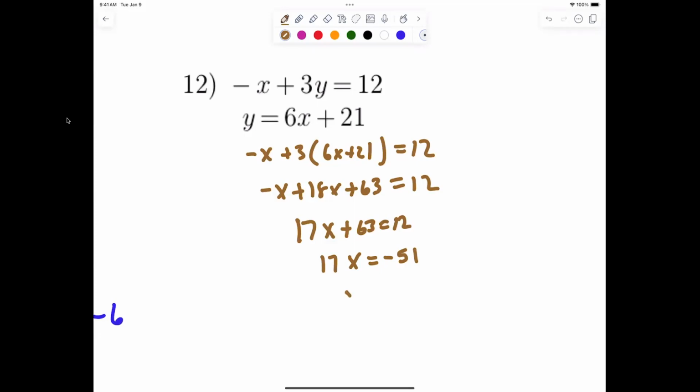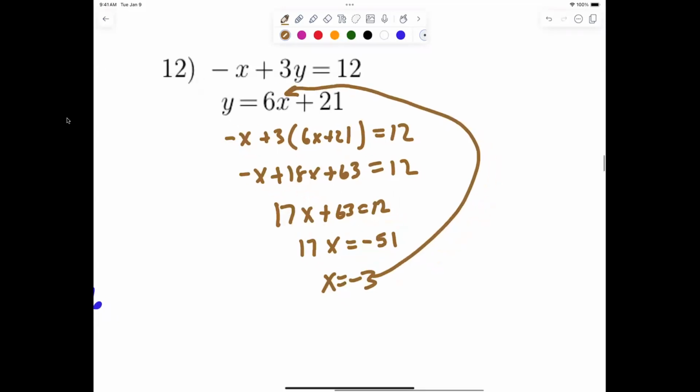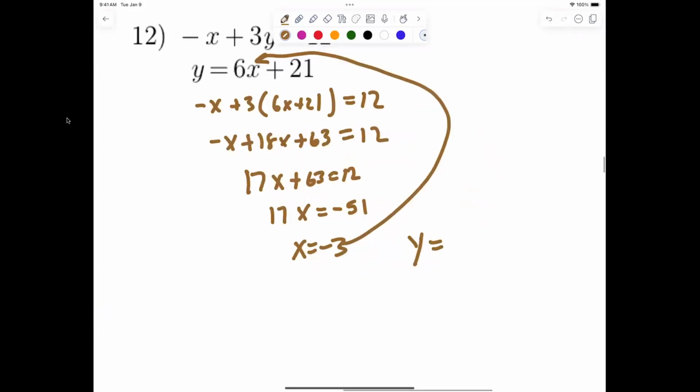And so x equals what? -3. And then I plug -3 into the easy one. So y equals -18 plus 21. So y is 3. So my answer is -3, 3.